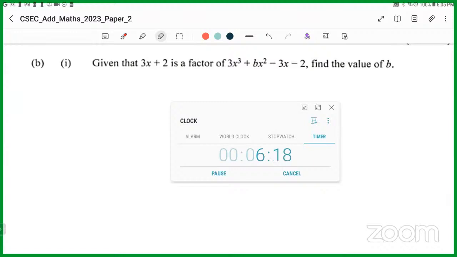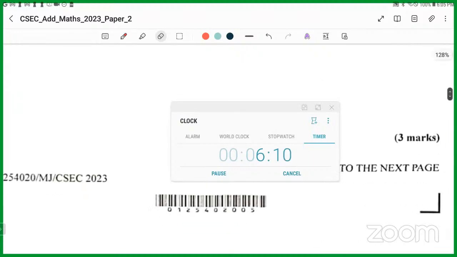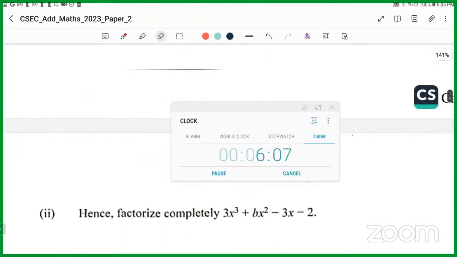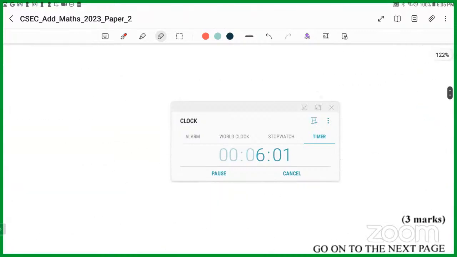After I find the B, factorize it fully. After I find the B, you have to factorize it fully. That's what the next part said. See down here: hence, factorize completely. So do that for me.